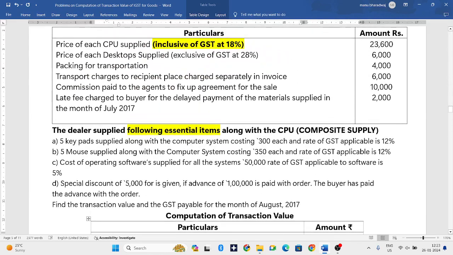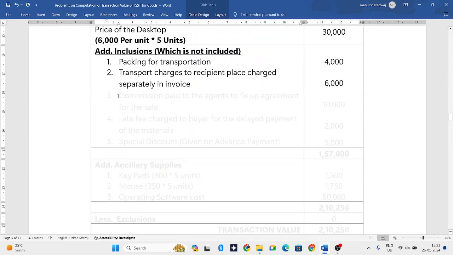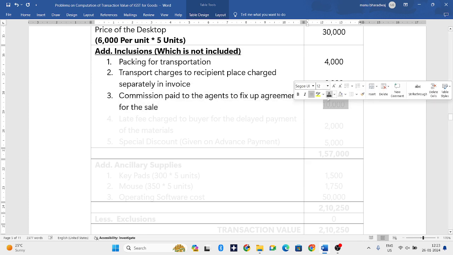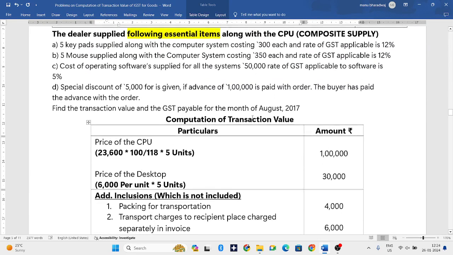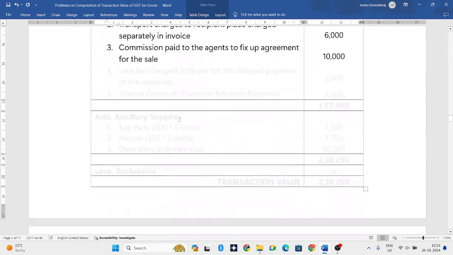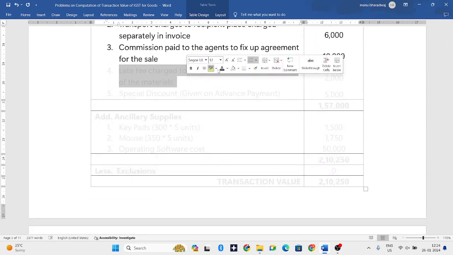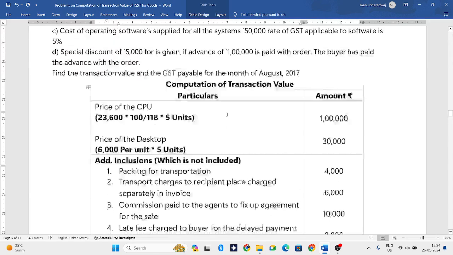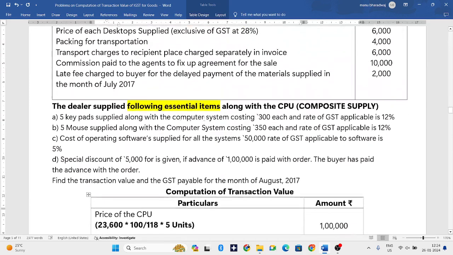Next, commission paid to the agents. For agents we have paid the commission, so that 10,000 we have to add. Next, late fee charged to the buyer. We have to add that, 2,000 rupees. Next, a special discount of 5,000 is given.